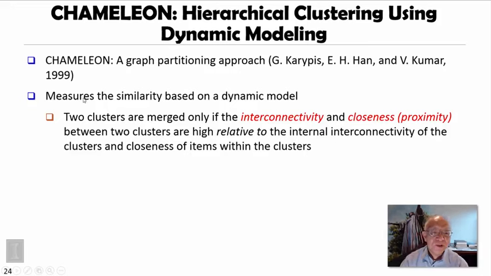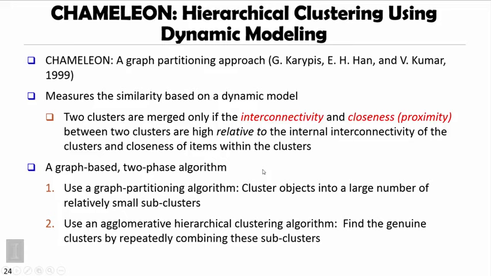It measures the similarity based on a dynamic model. Essentially, two clusters are merged only if the interconnectivity and the closeness between the two clusters are high relative to their internal interconnectivity of the clusters and the closeness of items within the clusters. CHAMELEON is a graph-based two-phase algorithm.